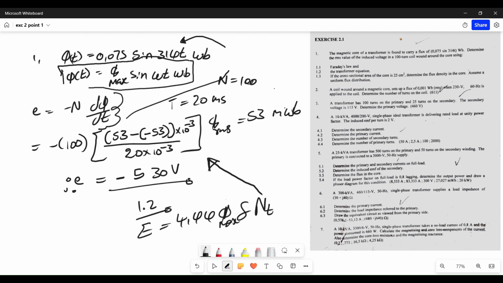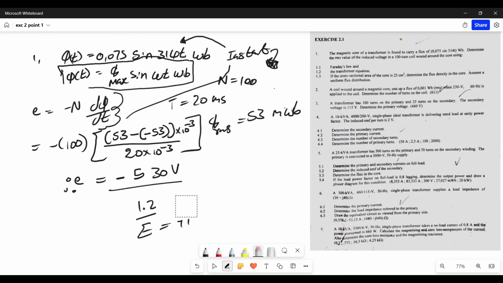It is more like an instantaneous equation, it goes with time. It cuts the changes of the flux with time. The next equation has no time, it does not respect time. So I don't think using the two equations you can get the same answer. We don't have to be confused if we calculate 1.2 and we get a different value. I hope that makes sense.